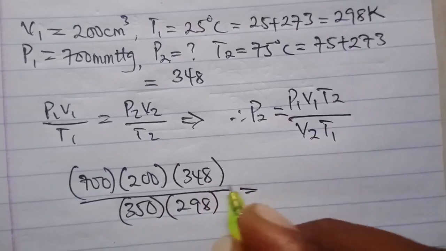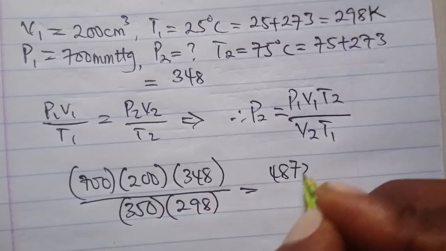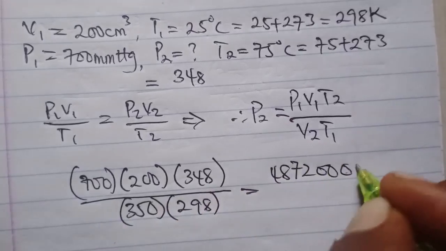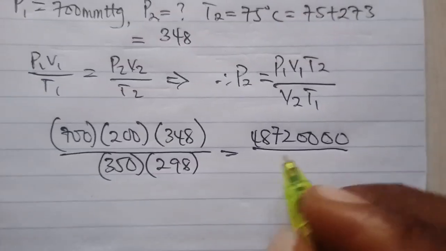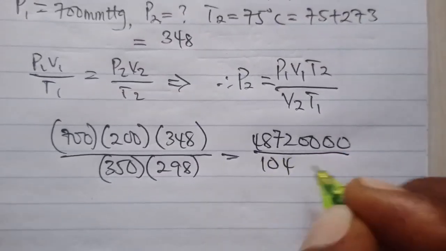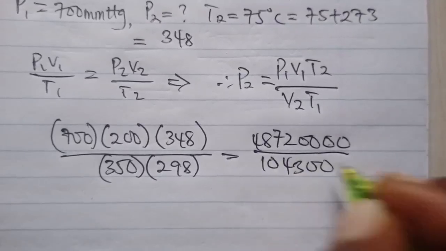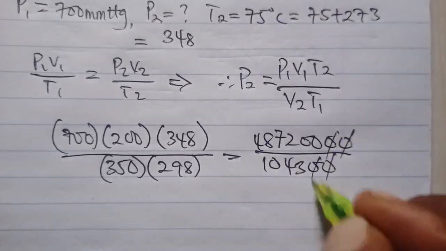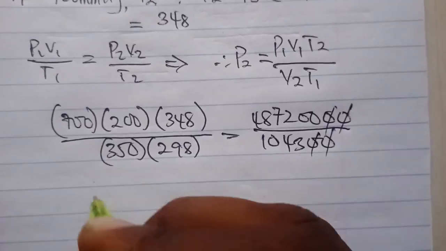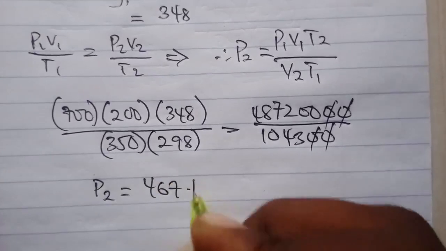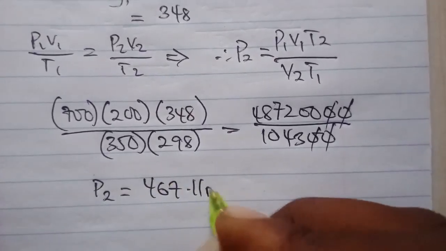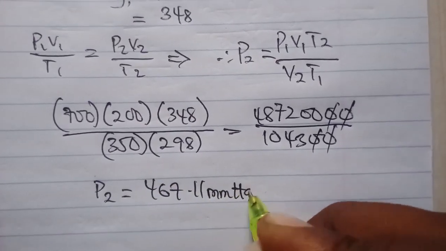So on top we'll have 487,200 over, down we'll have 104,300, and if we divide that, we have that P2 is 467.11 approximately millimeter mercury.